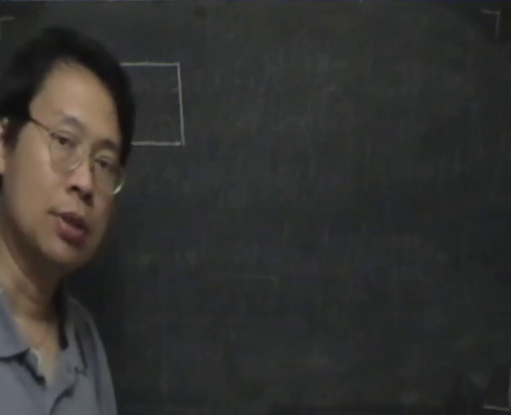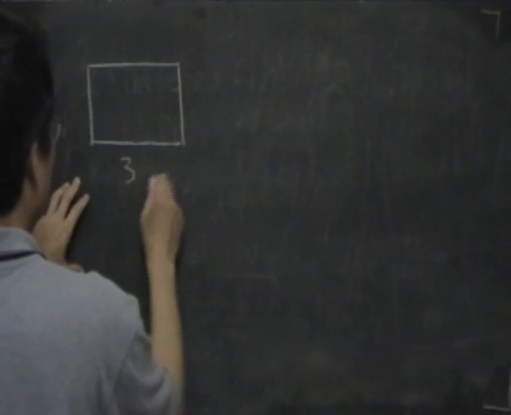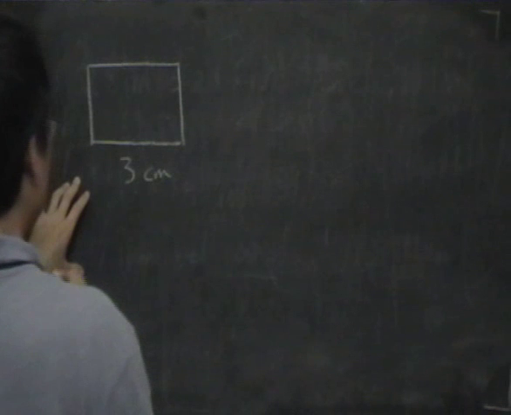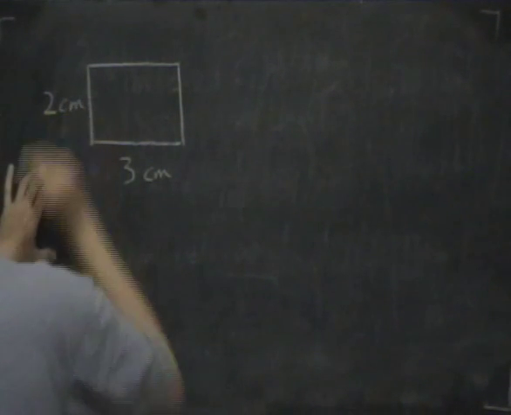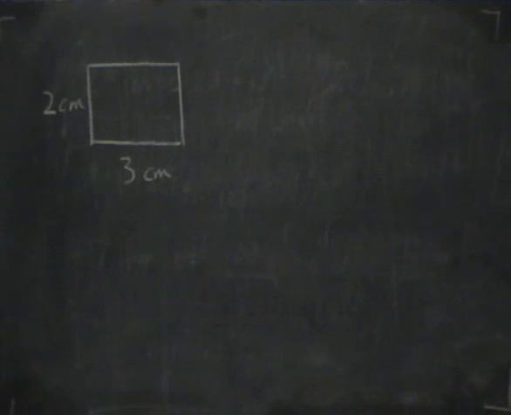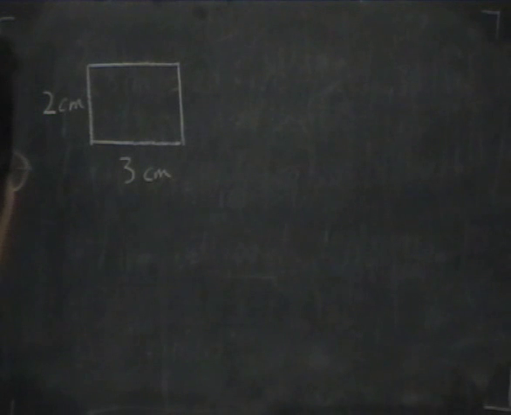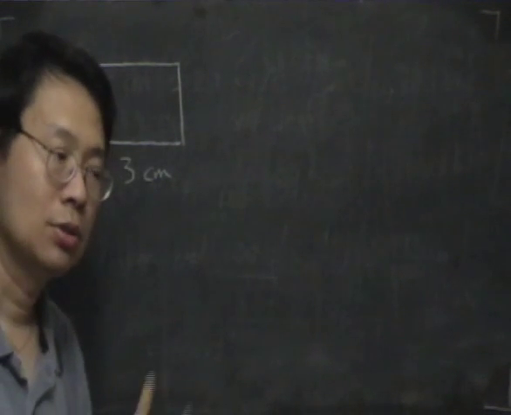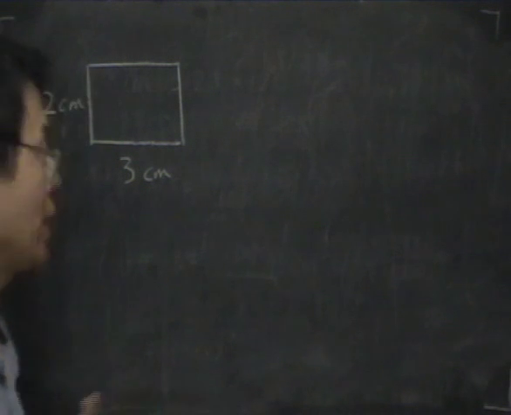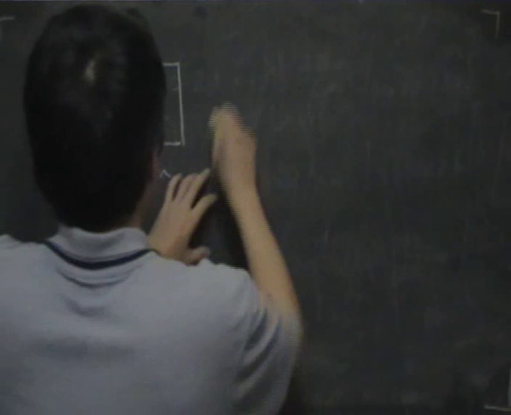Now suppose that this rectangle has a length of 3 centimeters and a height of 2 centimeters. Then we can find this area by taking the length times the height. So that's a formula. That's the way to find the area. So let me write that down.